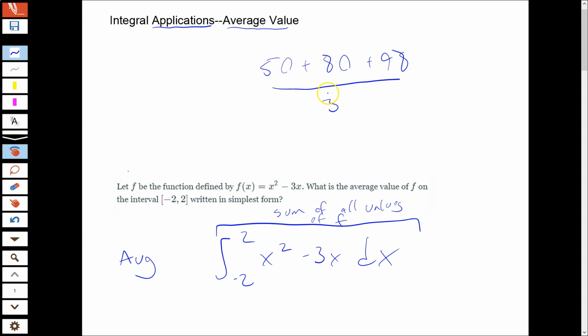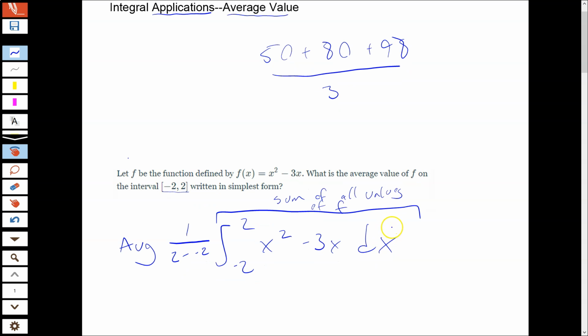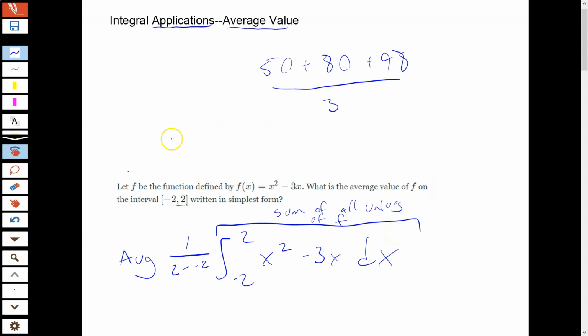And then to divide by the number of data points, well, that's just going to be the length of this interval, right? So I'd say 1 over, and then I'm going to do upper bound minus lower bound, so 2 minus -2. So that is how to set this particular problem up. I'll give you the general form.